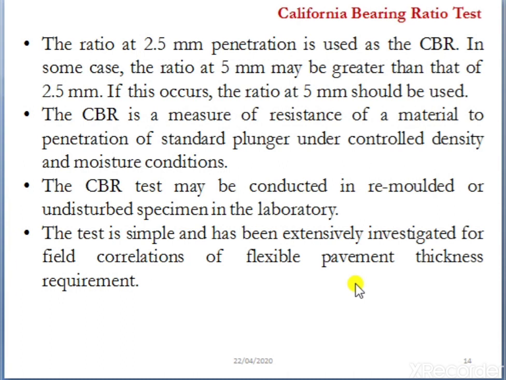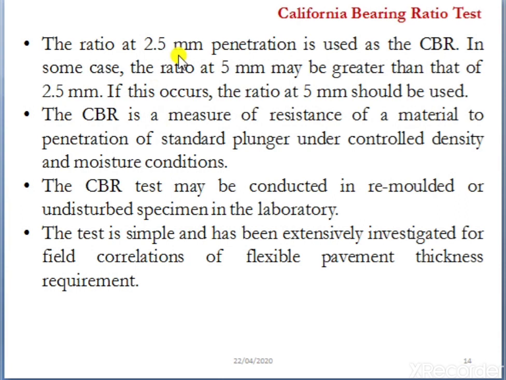In some cases, what happens? The value of CBR will be more when we consider a depth of 5 mm. So in such cases, when the CBR is more at 5 mm, then we should consider the CBR value for the 5 mm depth. We consider the CBR value at 2.5 mm penetration because with an increase in the penetration, there is a decrease in the CBR value.